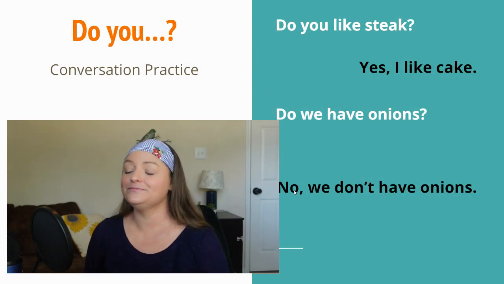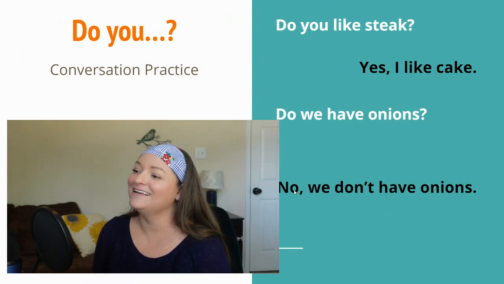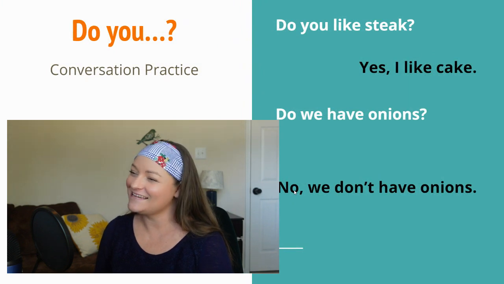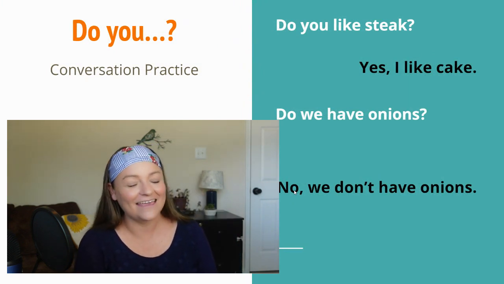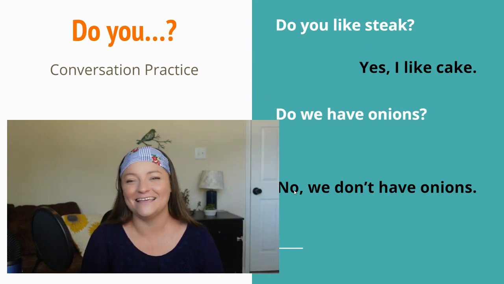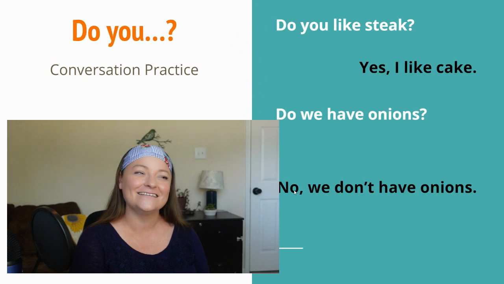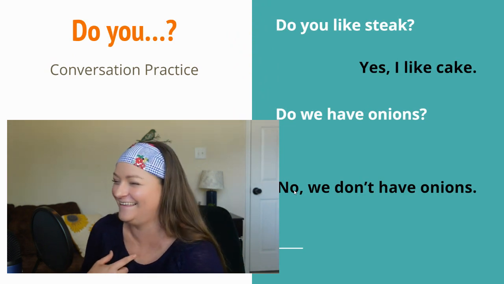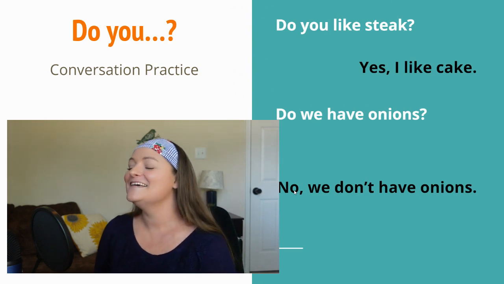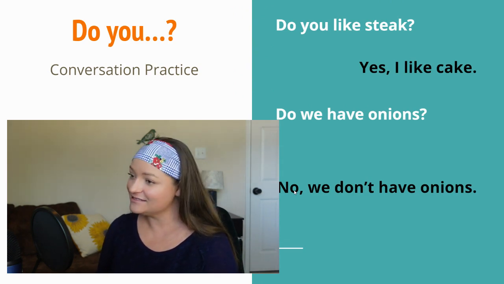Okay, new conversation practice. Do you like steak? Yes, I like cake. Steak and cake. Sorry. It should be, yes, I like steak. Clearly, I like cake. Do we have onions?